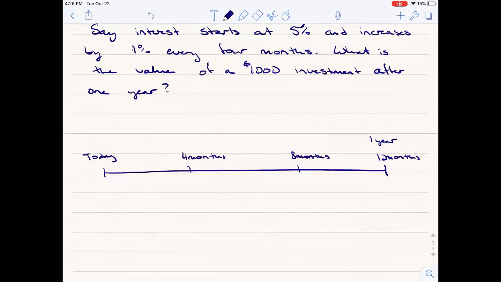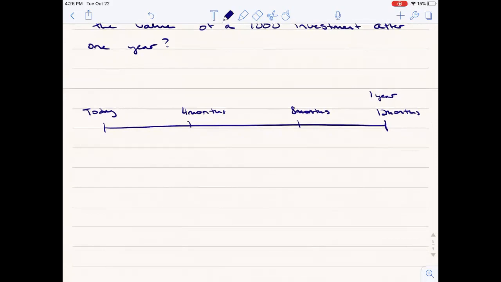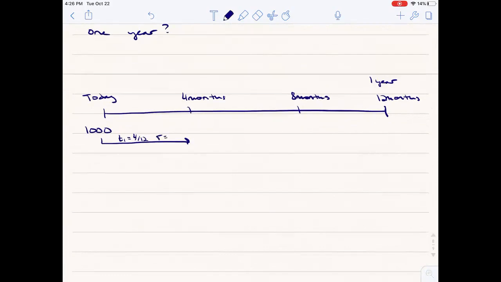So now what we have is a $1,000 investment. The $1,000 is going to sit there at a rate, I'm not going to put T on here. Well, I guess I should. T1 is 4 out of 12, but also the rate is 0.05.